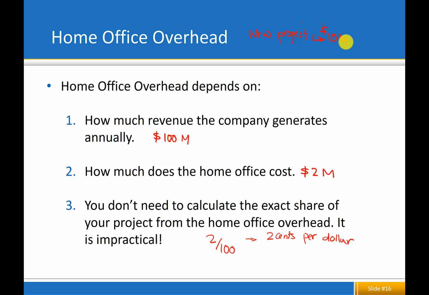Now the argument is, can I extend what I just found here to this new situation and say, fine, when you have $10 million of direct cost, let's allocate 2% to your home office. So 2% of that, what is it? It's 2% of 10 mil. Is it 200,000, or whatever that number is going to be, my home office cost.